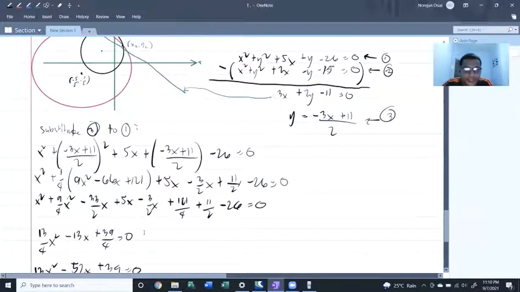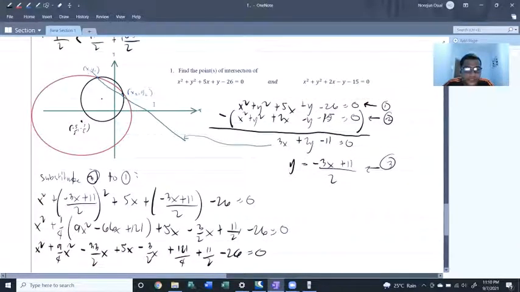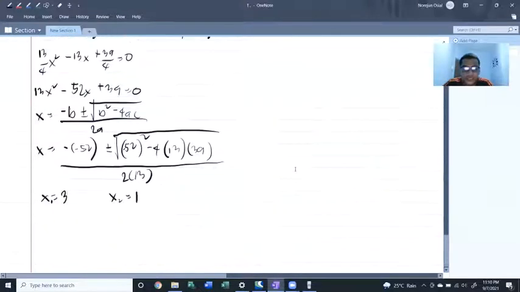Okay, we have the values of x, x1 and x2. Now to get y1 and y2, we simply substitute the values of x to equation 3.